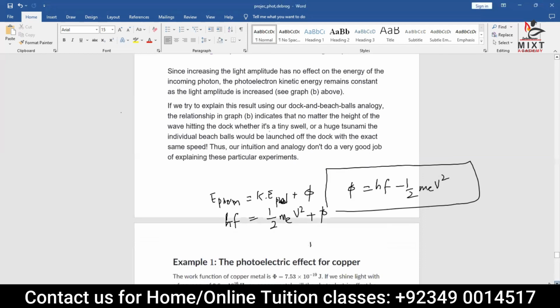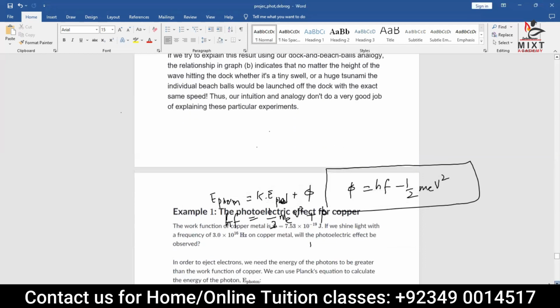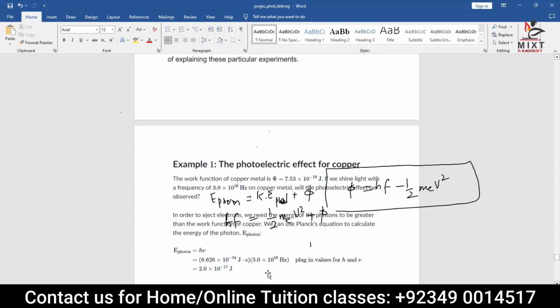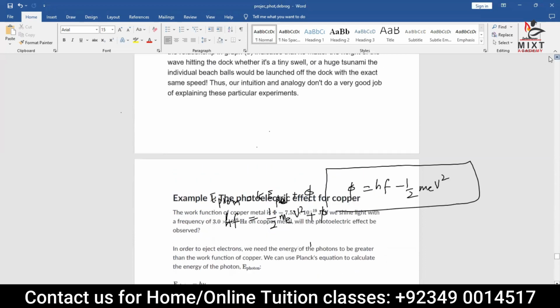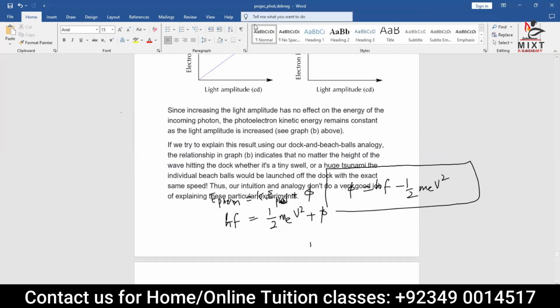It's here. 6.626 times 10 raised to the power minus 34 joule seconds. The value is actually provided to you in a separate sheet, so don't worry about the values. The important thing is that you should know the concept behind it. The constant values are normally provided in the paper, I believe.